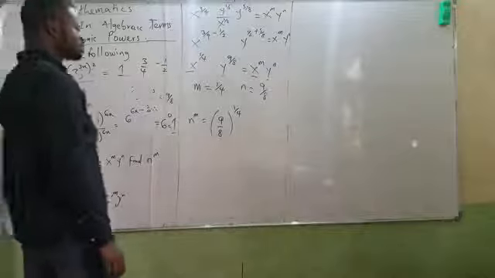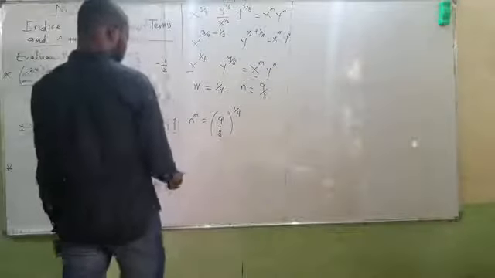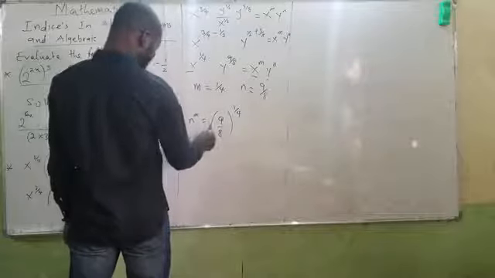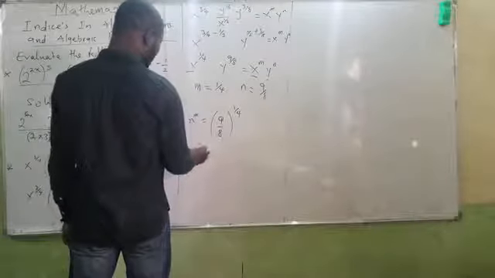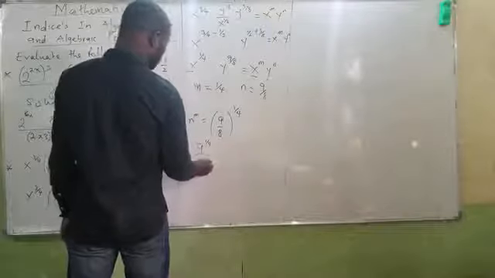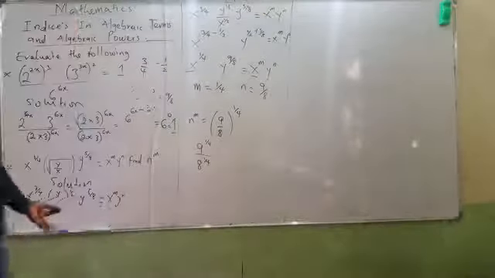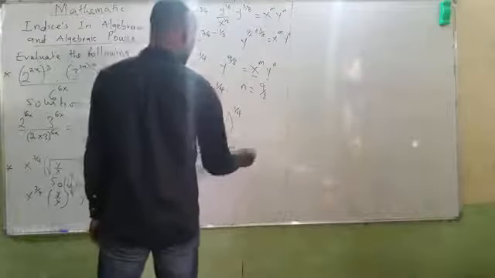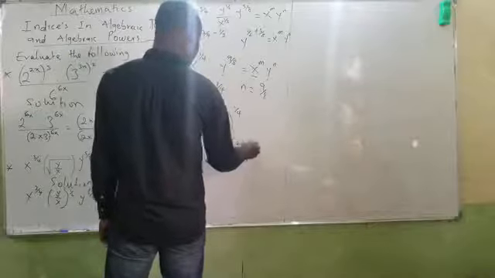Now, I can turn this to, normally, I can say that 9 to the 1 all over 4, and 8 to the 1 all over 4. I split it. Now, I can also say that 3 raised to power 2, which is my 9, bracket of 1 all over 4.